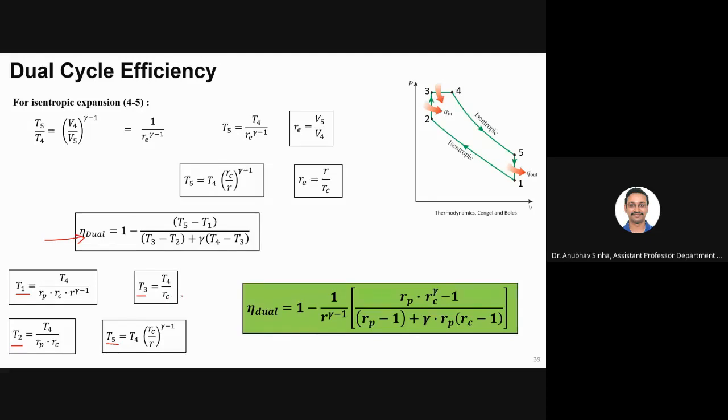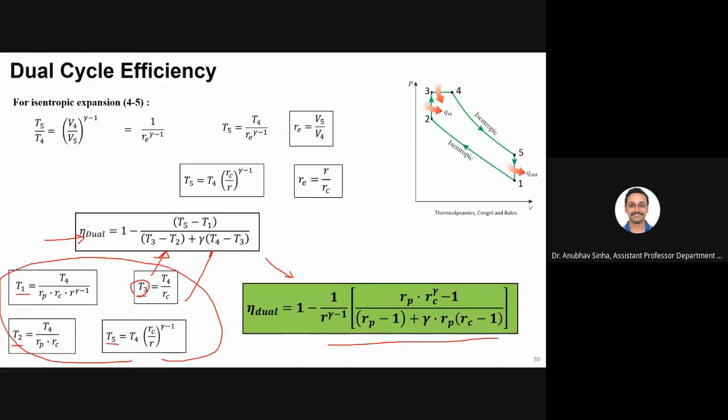If you want, you can try. Finally, you should get this result for dual cycle efficiency. Basically, you have to replace these values in this equation. That's all. Use these four boxes, these four definitions for temperature, substitute them in this equation, and you will end up with this. Fine. You can try it and see. This is what you are supposed to get.